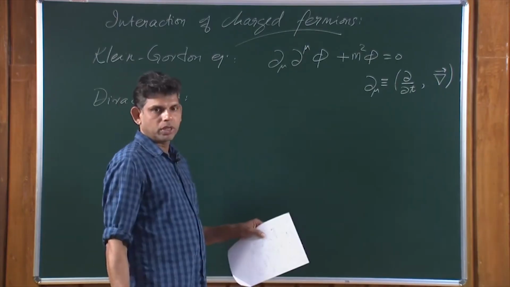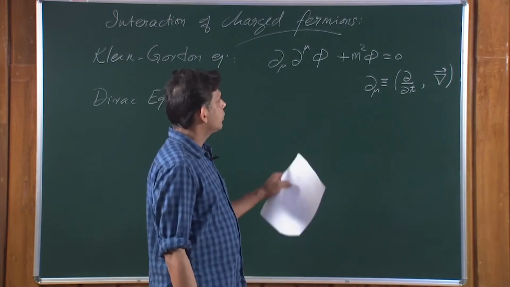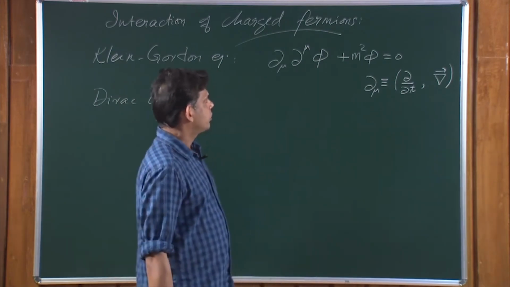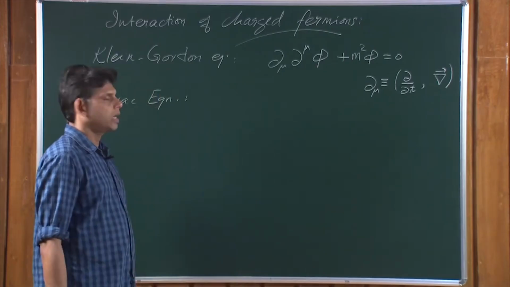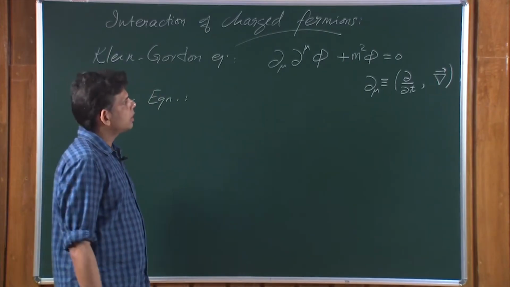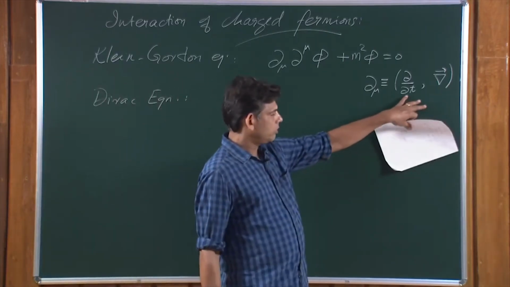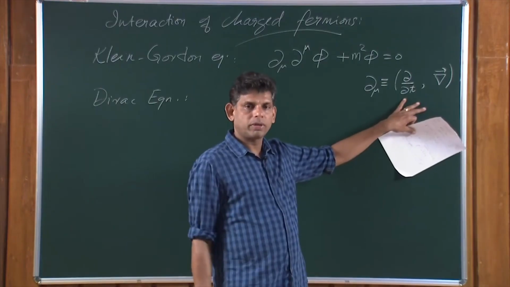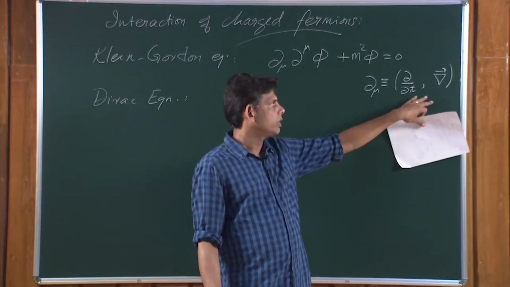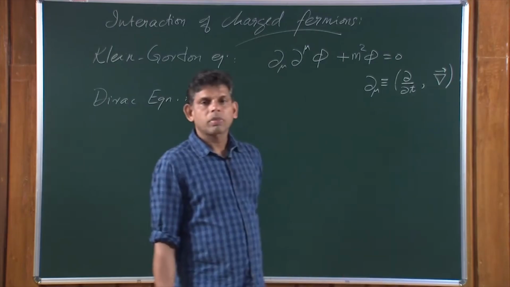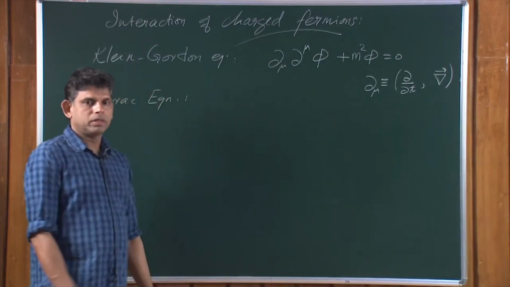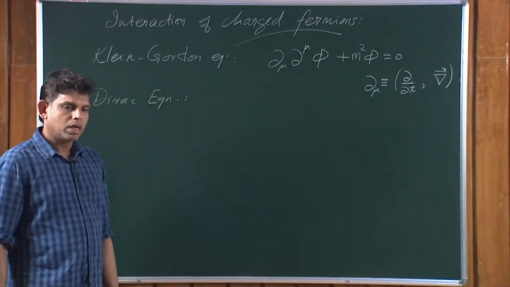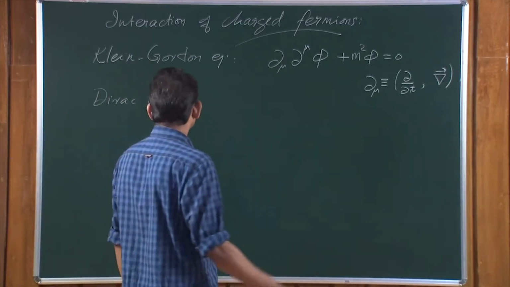There is no potential, there is no interaction, there is only this mass term and the time derivative telling us how this free particle will evolve with time, and the kinetic energy part given by the gradient of that.